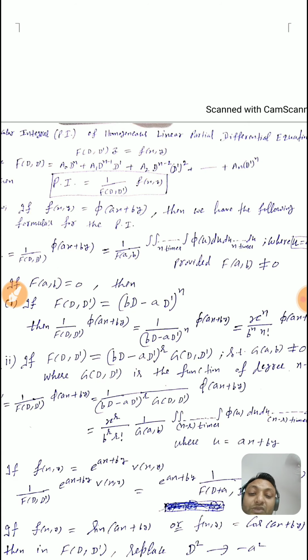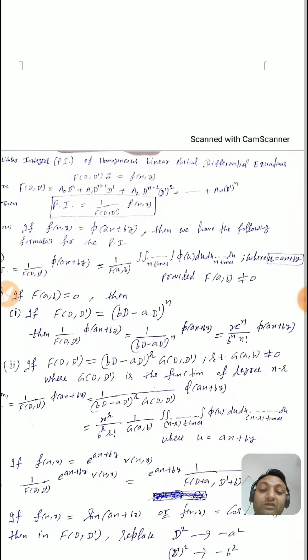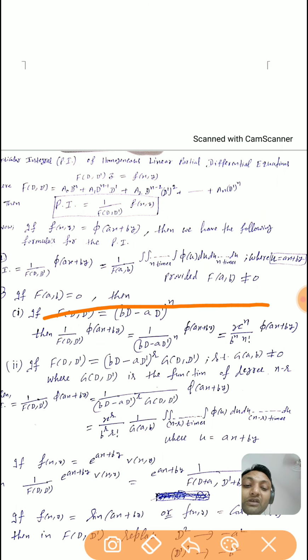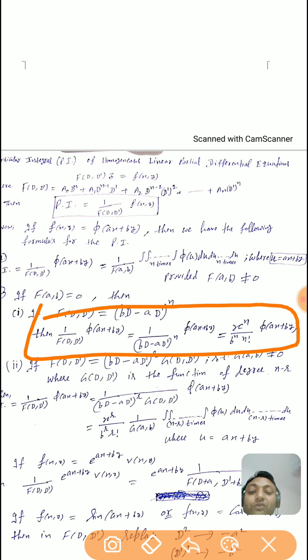Then 1 upon f(D, D') when operating on phi of ax plus by, substituting the value of f(D, D'), is equal to 1 upon (bD minus aD') power n operating on phi of ax plus by, which will be equal to x power n upon b power n into n factorial, the whole into the function of ax plus by.